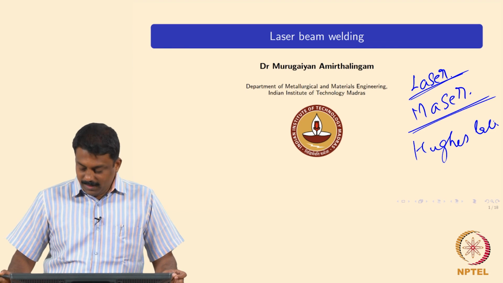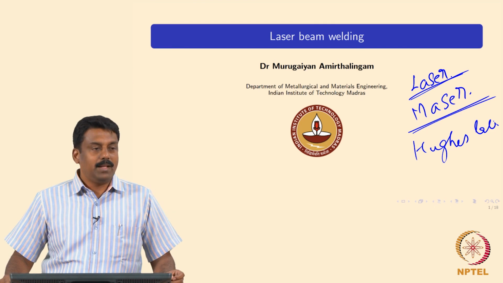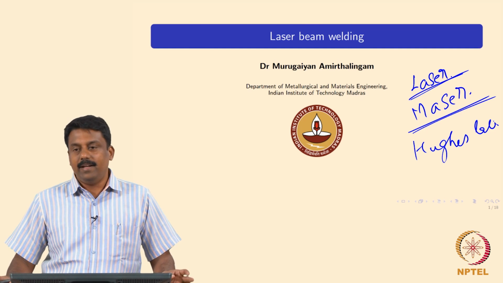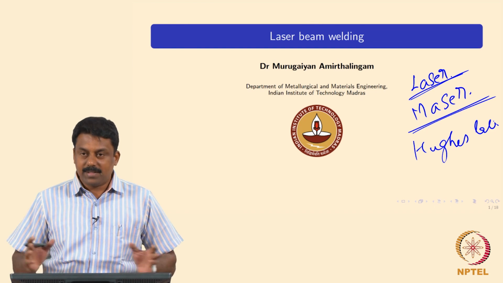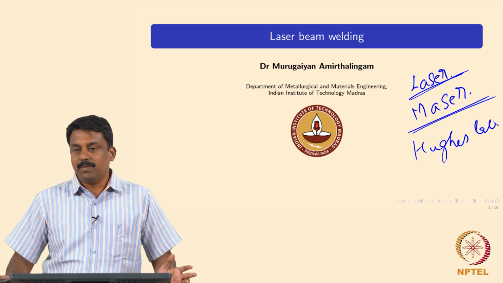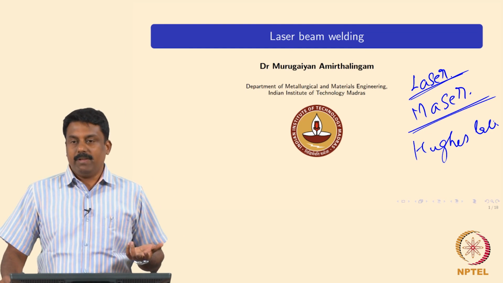Okay, good. So this is the history. The laser was invented in 1960, and the use of lasers for welding started in the 1980s or so, because the capacity of lasers grew with time. Because for welding applications we need to generate a large amount of power.